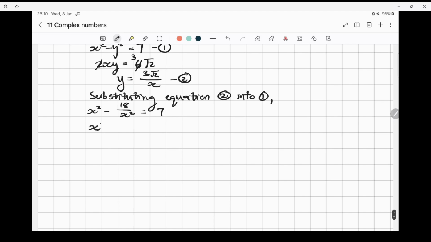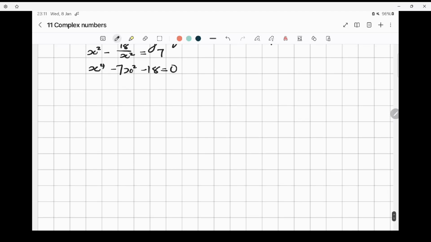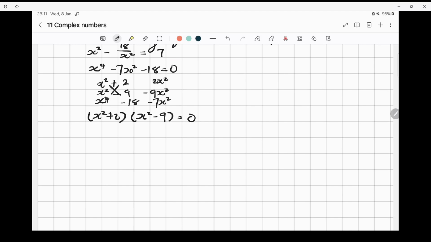Or x to the power 4 minus 7x squared minus 18 equals 0. So let's do this. So this would be 2, 9. So you have minus 9x squared, plus 2x squared. So you have x squared plus 2, x squared minus 9 equals 0.